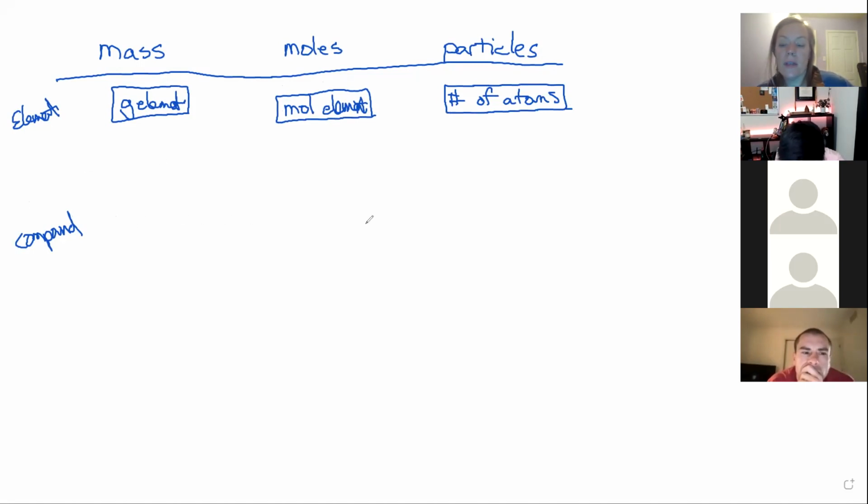Now, under this area, I want you to write almost the same thing, but instead of grams of element, we're going to say grams of compound. Grams, G, of compound. Then moles of compound.